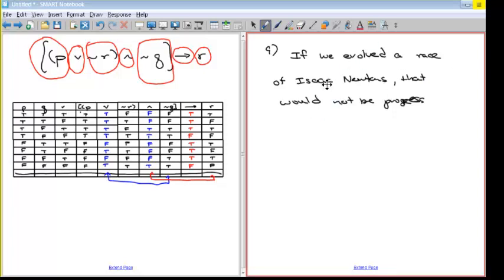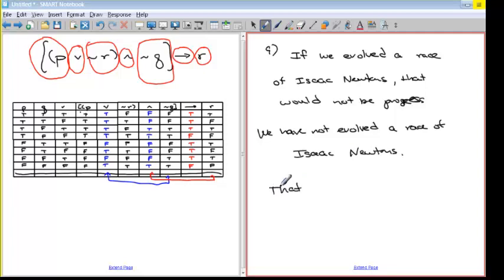And we're going to make sure we first convert it to an if-then statement. It does have if, but it doesn't have then. The next premise is we have not evolved a race of Isaac Newtons. So that's the second premise. And the conclusion is that is progress.